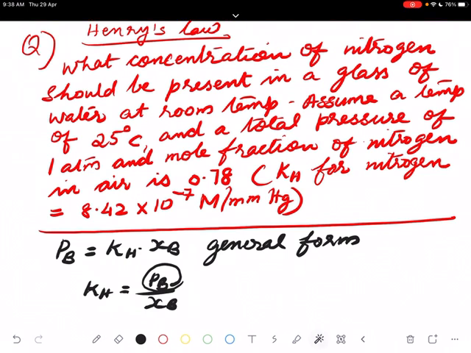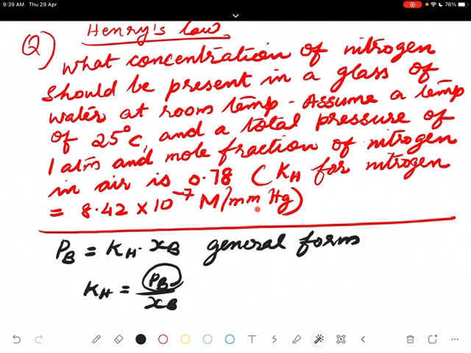But look at this KH unit: concentration in the numerator and pressure in the denominator. That means the general form is not applicable here. Normally, I told you, 99% we apply the general form only.